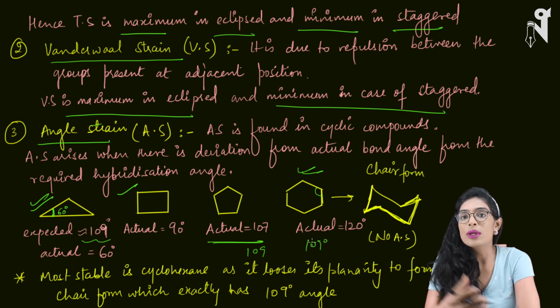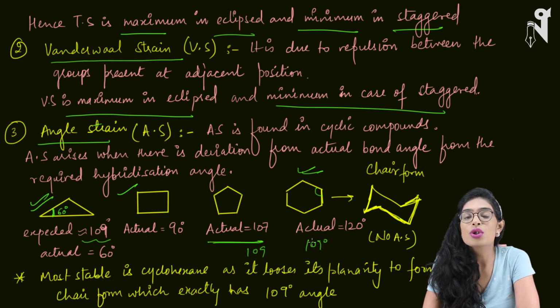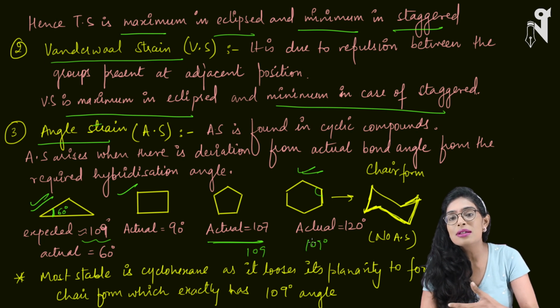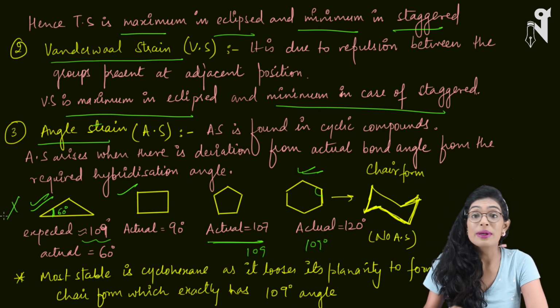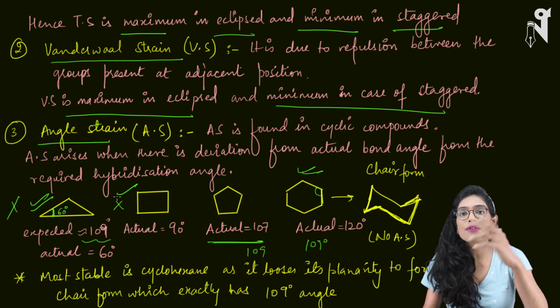So let's suppose I ask you which of these chains should be most stable, because the more the strain, the less stable the species would be. Not cyclopropane for sure, because it has a very high angle strain. When you talk about cyclobutane, again it is facing a lot of angle strain, the difference is huge.